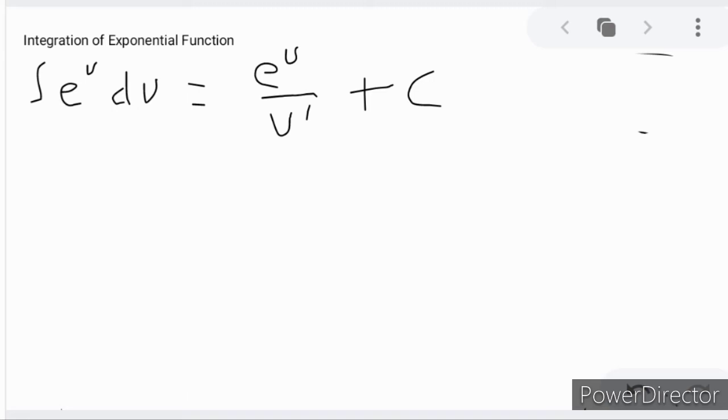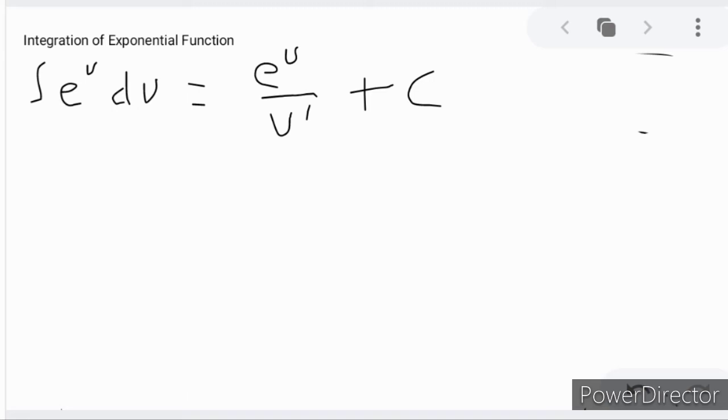Now, let's try the indefinite integration of the exponential function. To understand this concept, let's have different examples and general expressions for this integration. To formally start our discussion, we have the general expression, the integration of e raised to u du is equal to e raised to u over the derivative of u plus c, because it is an indefinite integral.